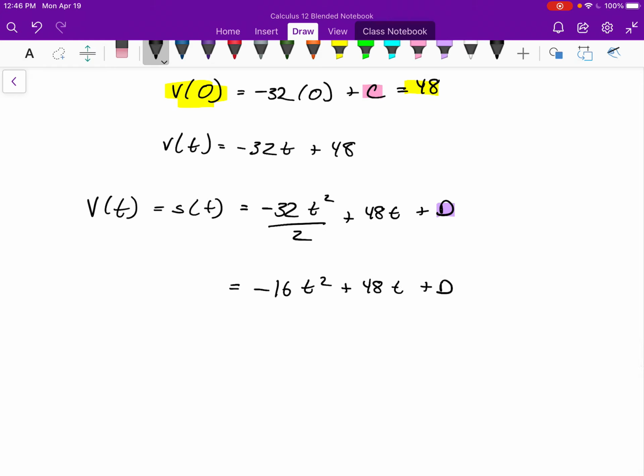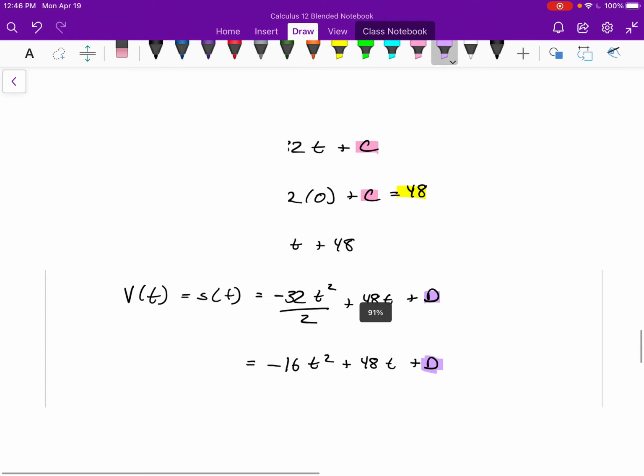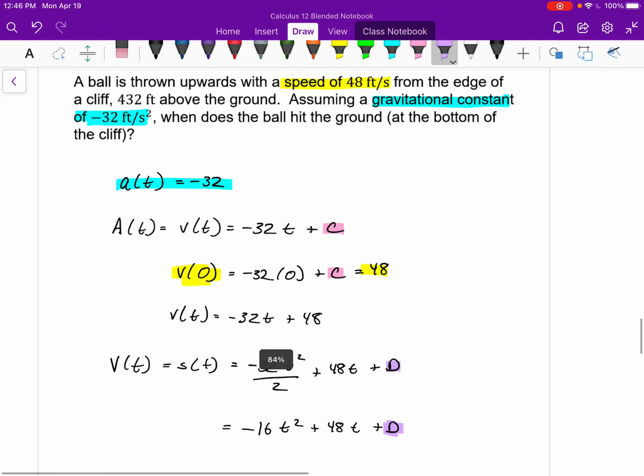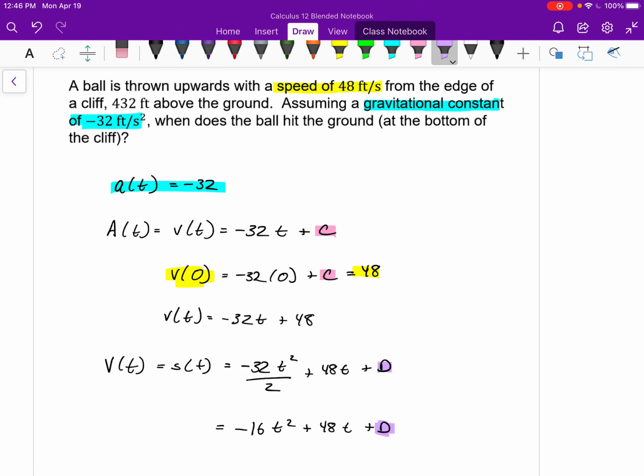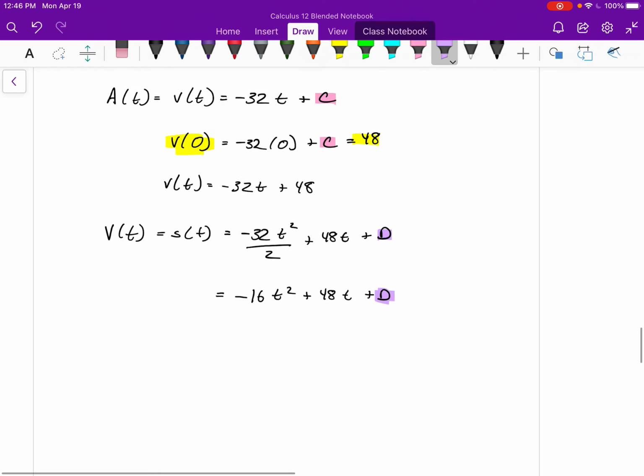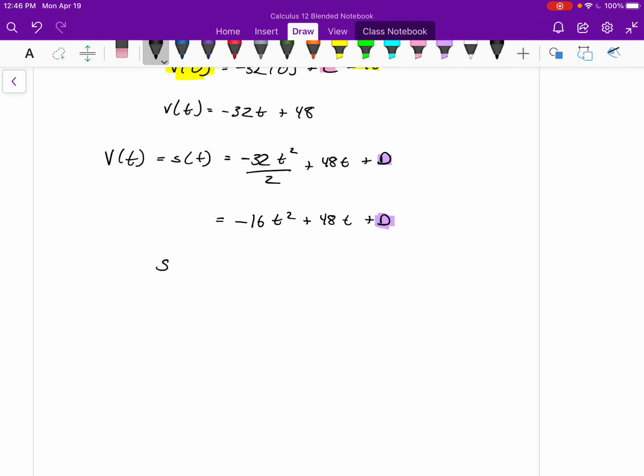So that's my position function. But again, I need to figure out d. And again, I can do that because they tell us we throw this from the edge of a cliff 432 feet above the ground. So that means when time is 0, the displacement is 432 feet. And so I now know when t is 0, I have negative 16 times 0 squared plus 48 times 0 plus d, but I know that equals 432, and so I know that d equals 432. Now I've got my displacement function.